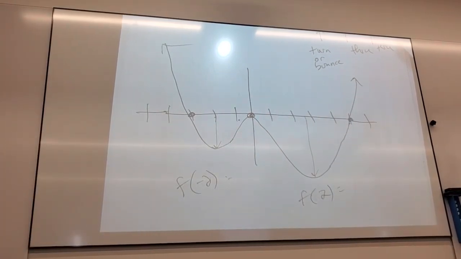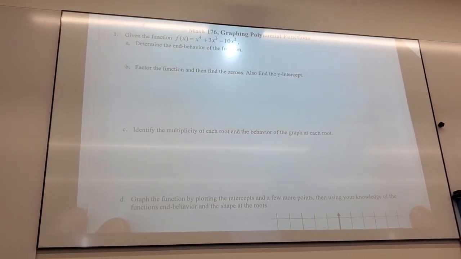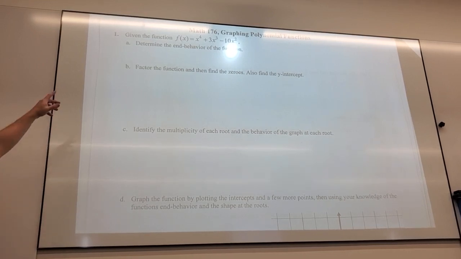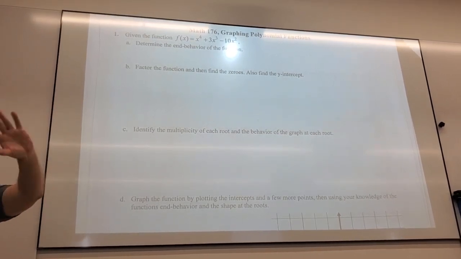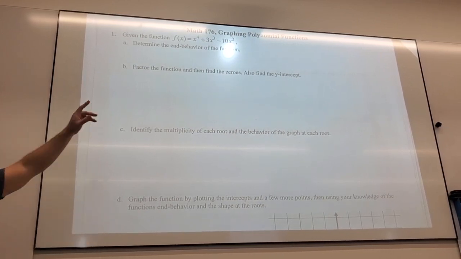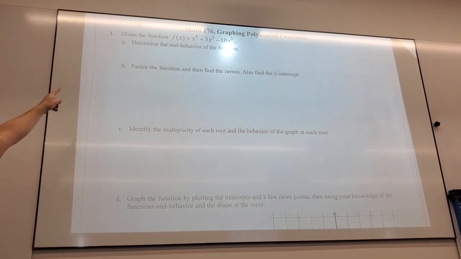So very quickly here, let's look at this one real quick. This one's nice because it's not factored yet. So factored is awesome, because factoring can get gross, but also you lose information when you factor something. It's very easy to see the end behavior of this function, yes? What would the end behavior of this be?